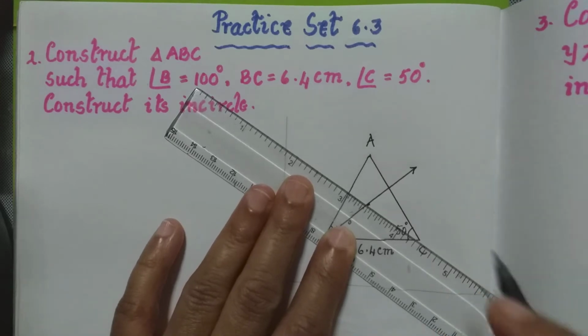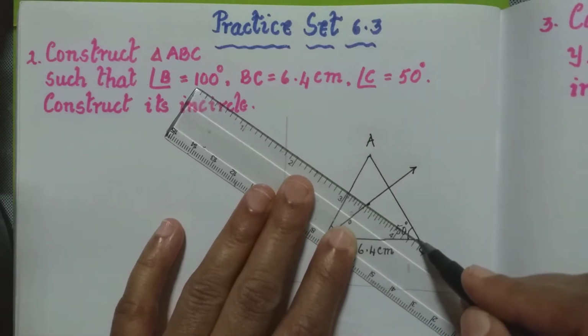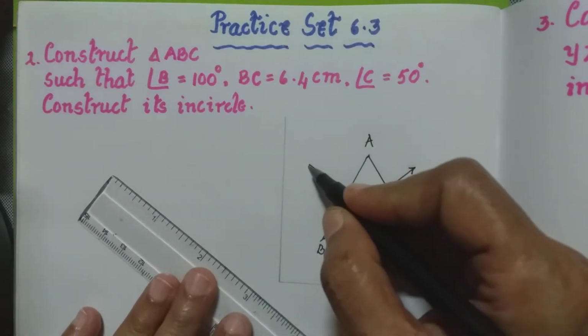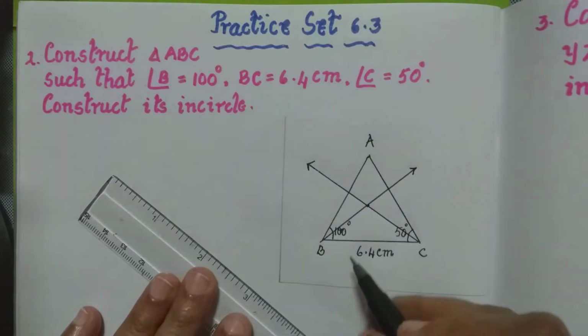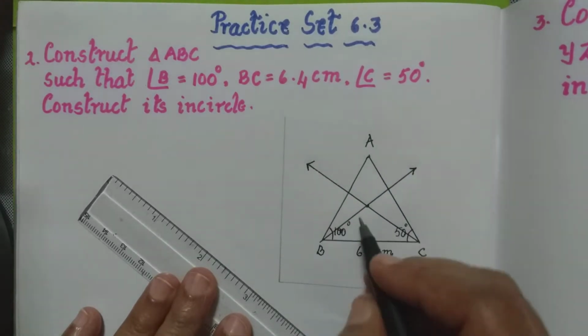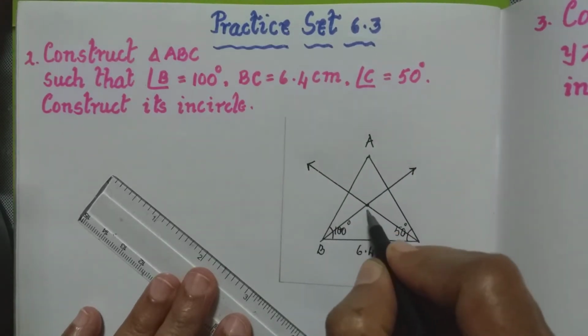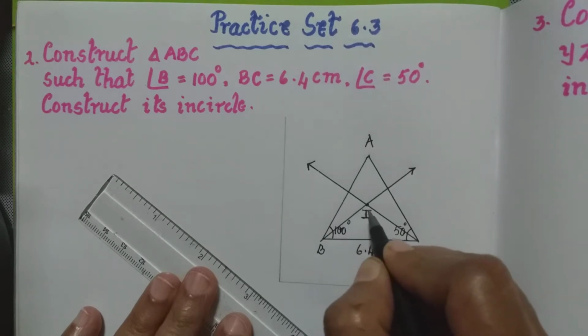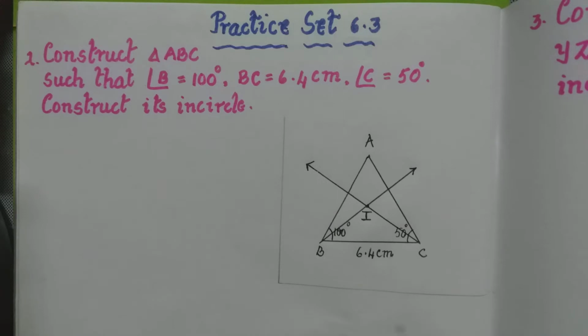We need to draw two angle bisectors to get the incenter, because incenter is the point of intersection of the angle bisectors. So these two angle bisectors are meeting at this point. So we mark this point as I, which is the incenter. So this is the rough figure.